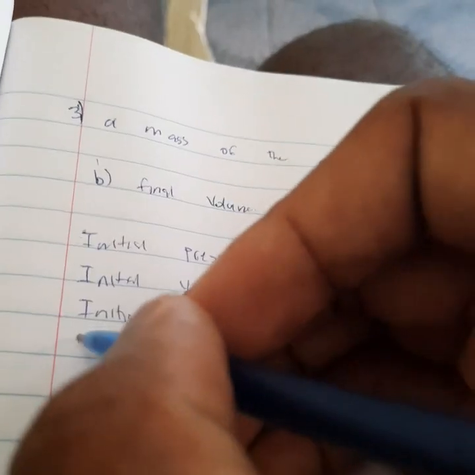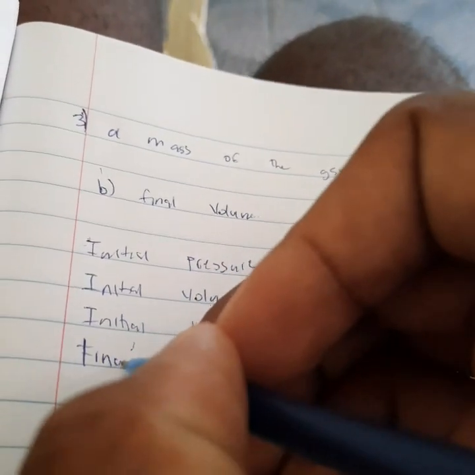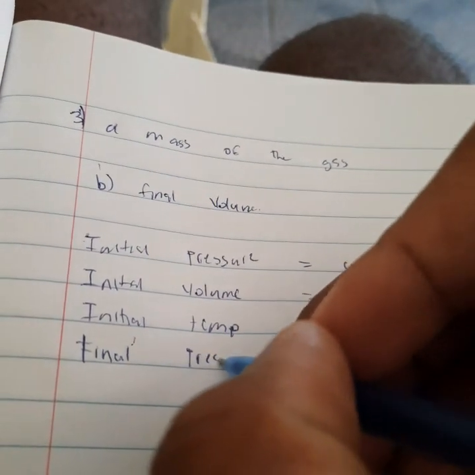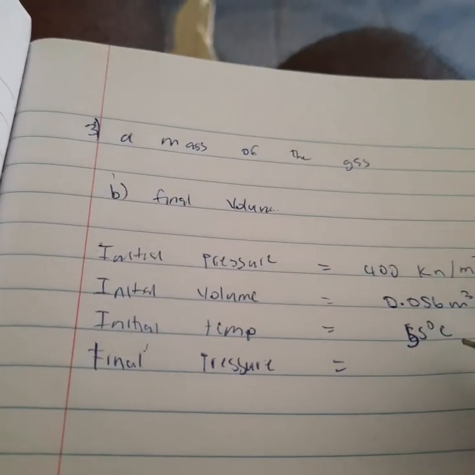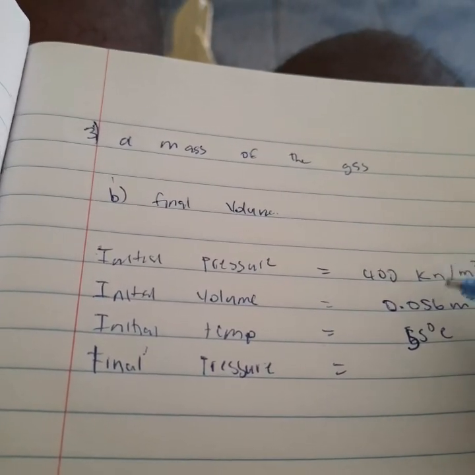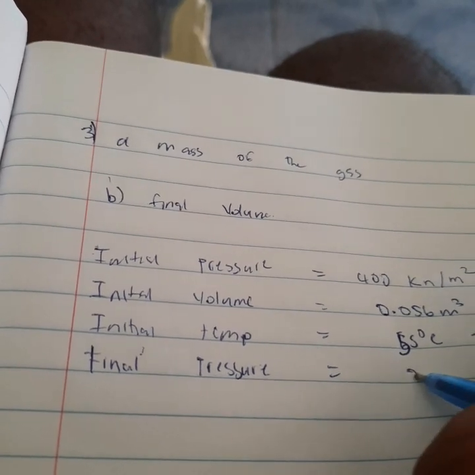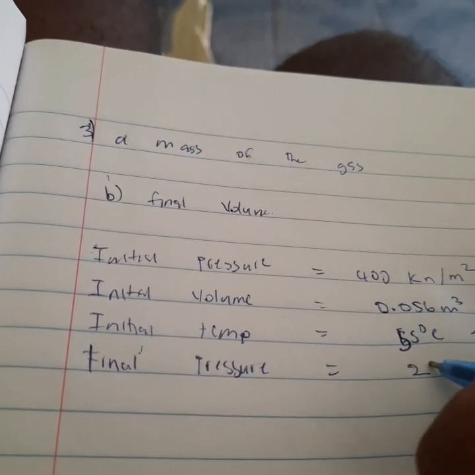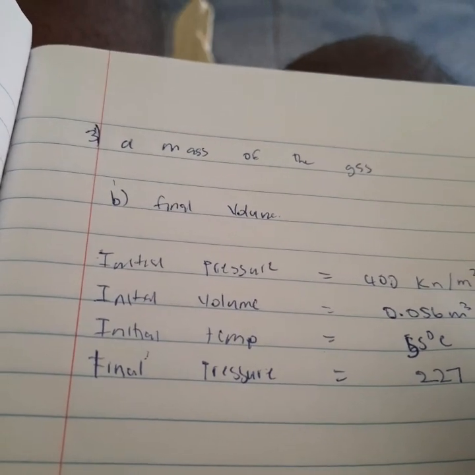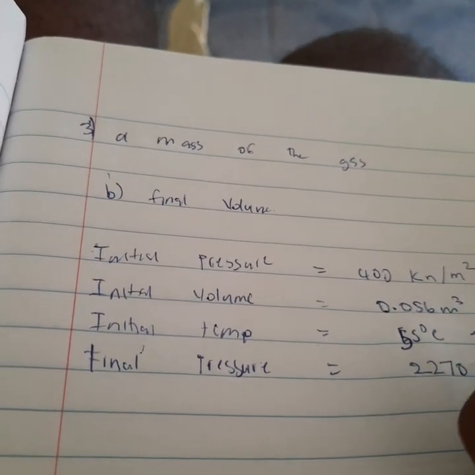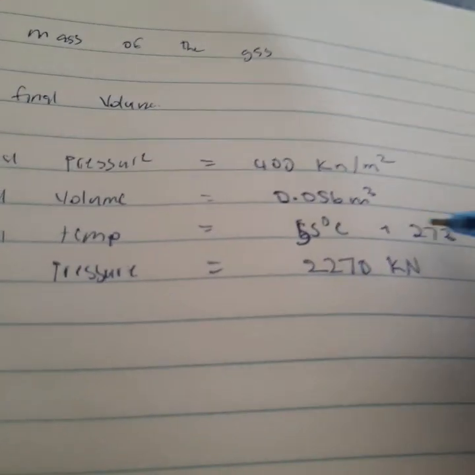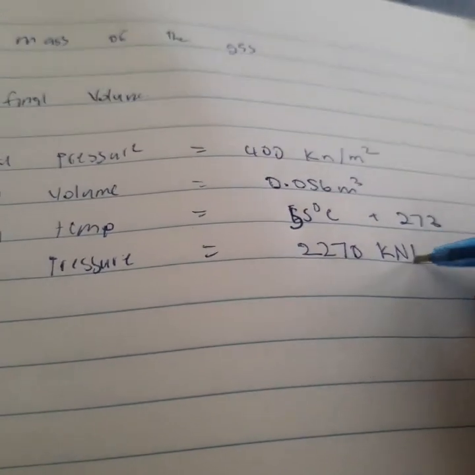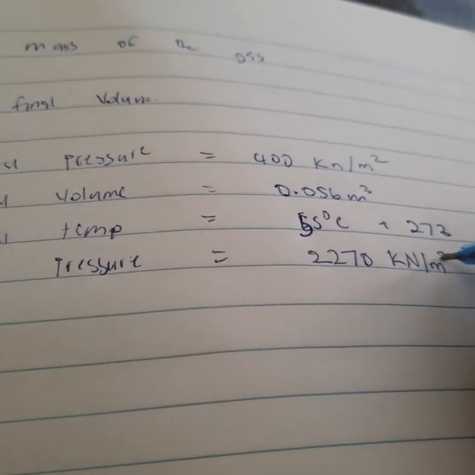We know final pressure is equal to 2,270 kilonewton meter squared, converted from meganewton meter squared.